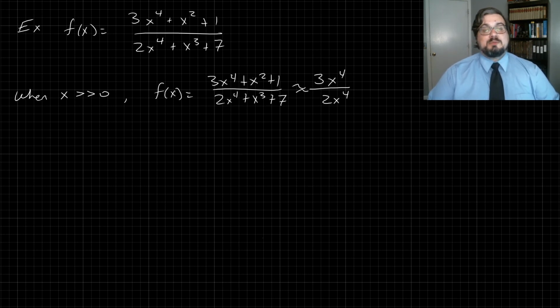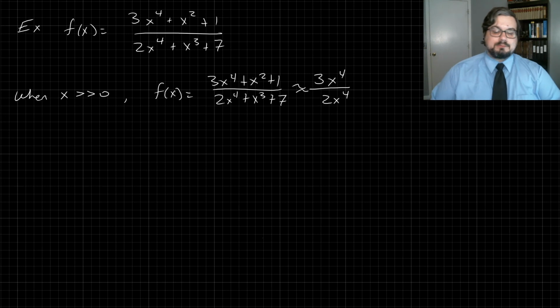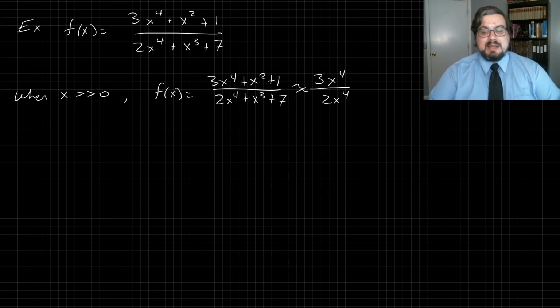And so the terms with highest degrees are just going to overwhelm all of the others. And so when x is very, very large, f of x is approximately equal to 3x to the fourth over 2x to the fourth. But we can reduce this. We have an x to the fourth in the numerator and the denominator, and we just get 3 halves out of it.